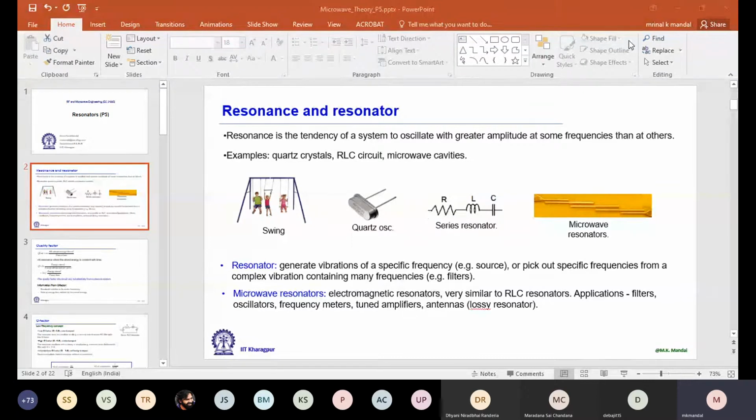So these electromagnetic resonators are very similar in concept to what we learned in circuit theory for RLC resonators. And here I am showing one example. This is the RLC resonator, and on the right side here it is actually a filter utilizing microstrip line resonators.